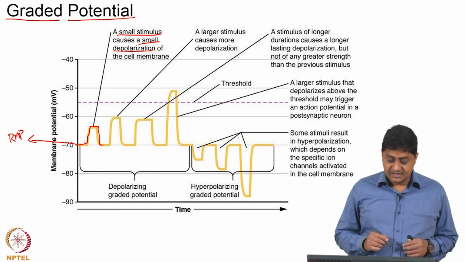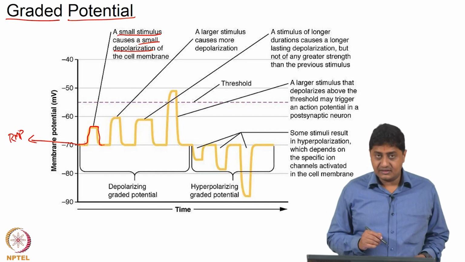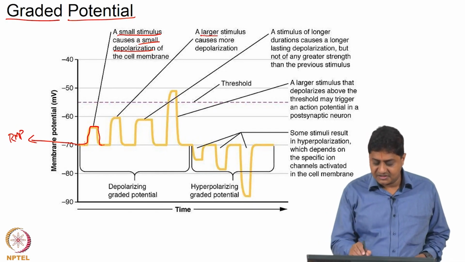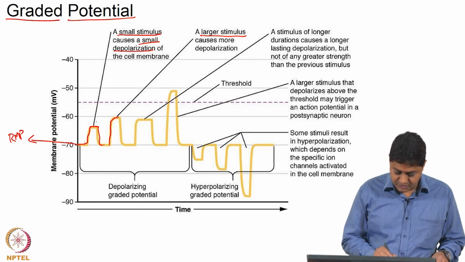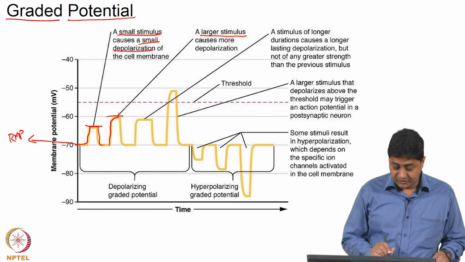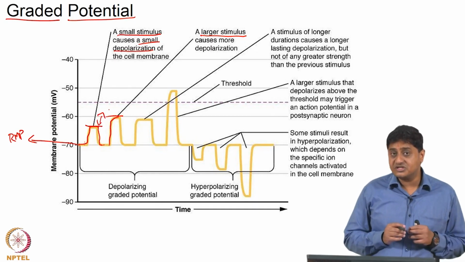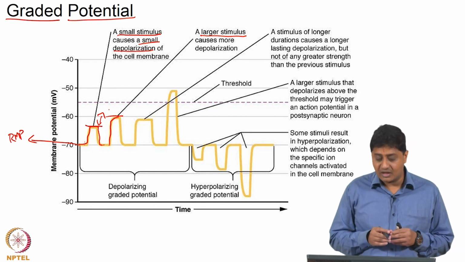Now let us say that the stimulus amplitude is increased, in other words there is a larger stimulus. This would essentially cause a larger response. A smaller stimulus caused that response earlier and a larger stimulus causes this response. So depending on the stimulus strength, the response strength also varies.